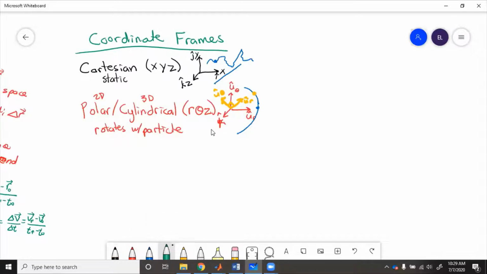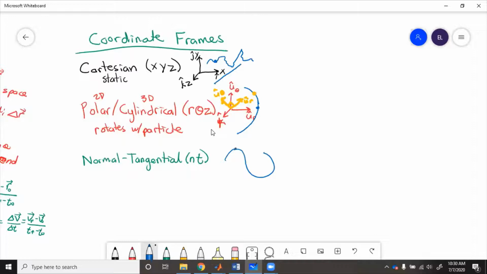And then the last type is normal tangential. This type of coordinate frame is basically the last resort. It's attached to the particle. So say your particle is moving in a path like that.